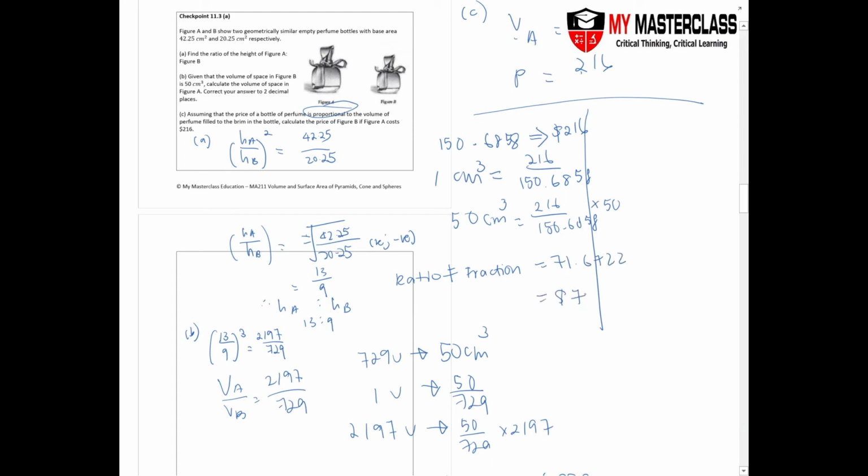So your total price is 71.67 to 2dp. Now money always has to be approximated to 2dp.